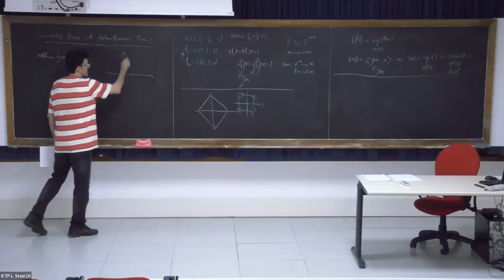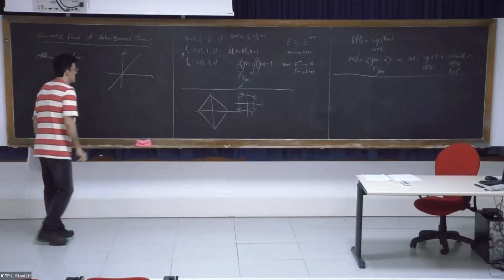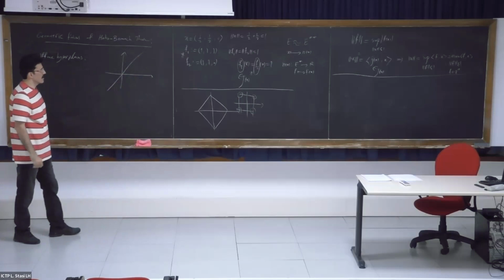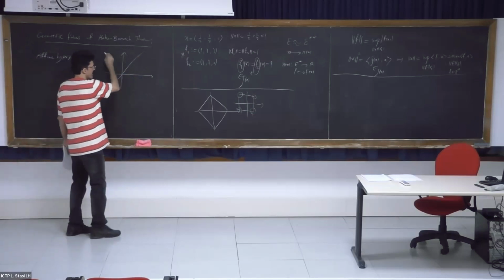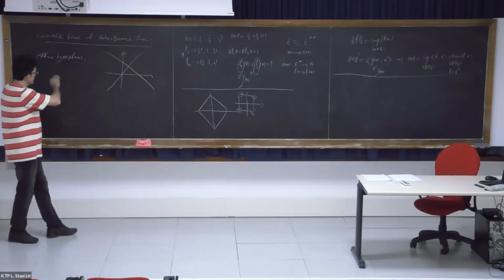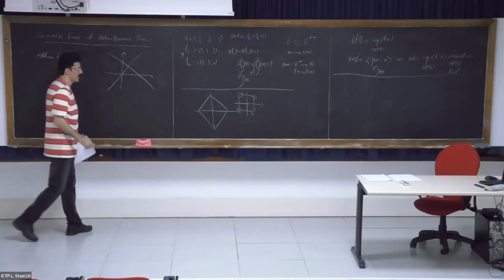If you consider R2, the lines that go through the origin are indeed hyperplanes, but the lines that don't go through the origin are called affine hyperplanes, as you know.